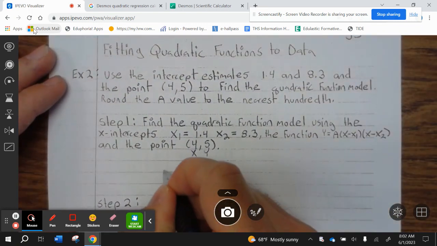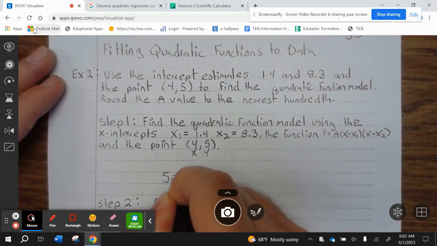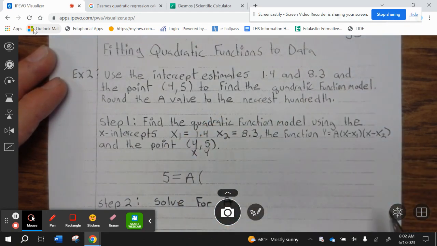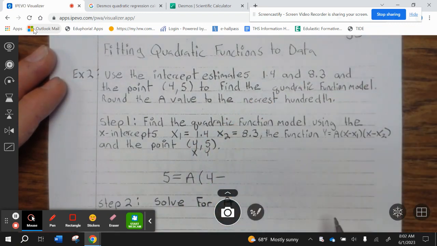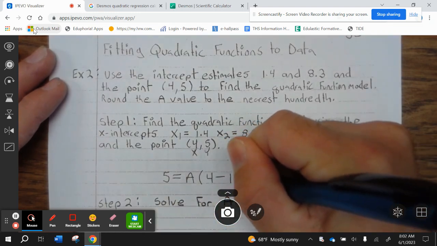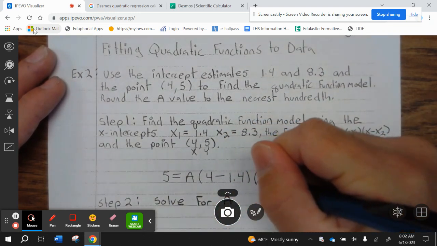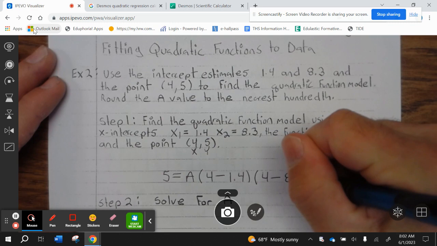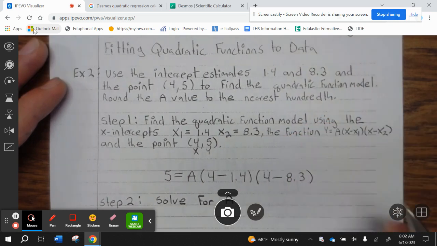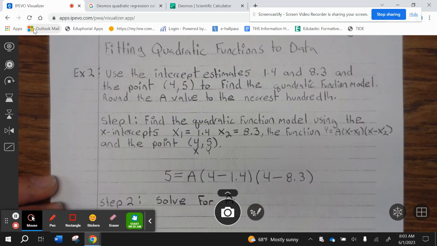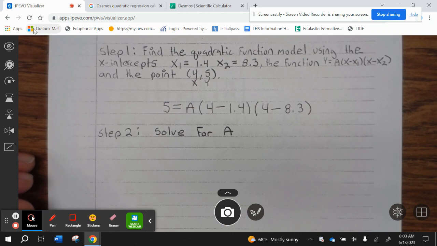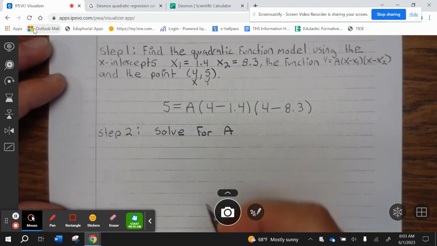So we have 5 equals a, we don't know, parentheses x is 4, so 4 minus x1 is 1.4, times 4 minus 8.3. All right, so now let's solve for a.